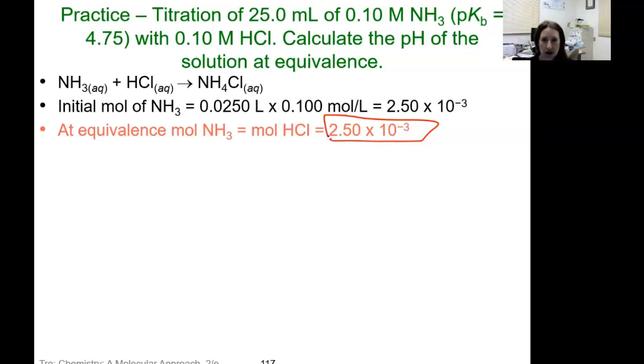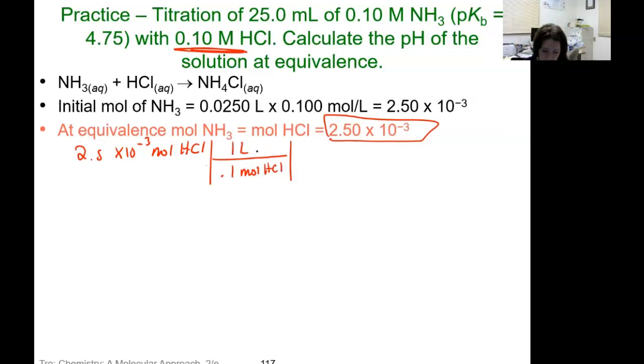Well, this is like a 209 problem, right? 2.5 times 10 to the minus 3 moles of HCl, right? And our molarity is 0.1 molar. So 0.1 moles of HCl in 1 liter, right?